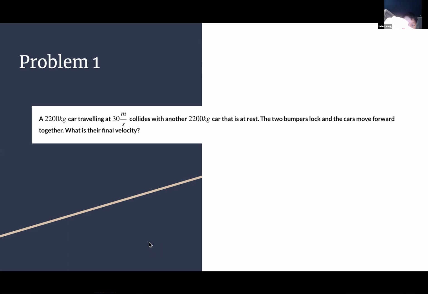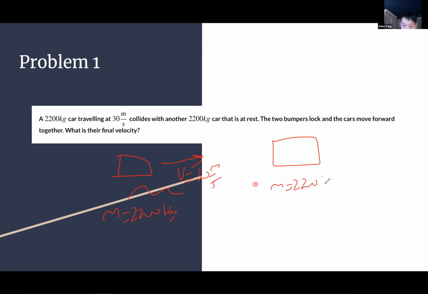Okay, so I'll explain the first question now. In this question you're using conservation of momentum, and a 2,200 kg car is traveling 30 meters per second, so v is 30 meters per second, and another car with 2,200 kg is at rest, so the v is 0.